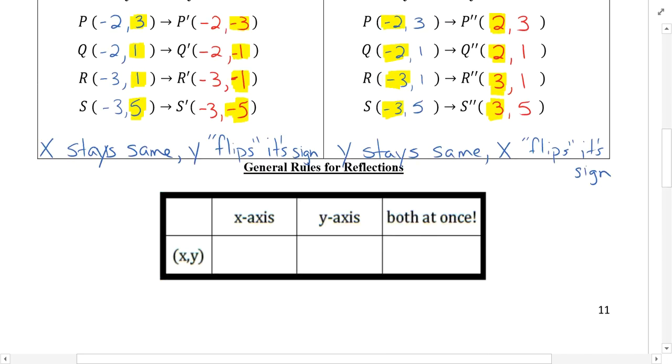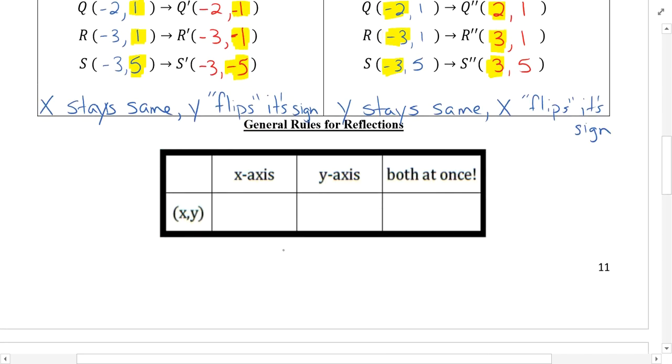So if we were to put that as a general rule, if I start with my pre-image point (x, y), if I reflect it over the x-axis, the x stays the same and the y flips its sign. And we would indicate the flipping of the sign by putting a negative in front of it, just meaning the opposite. So it's the opposite of y.